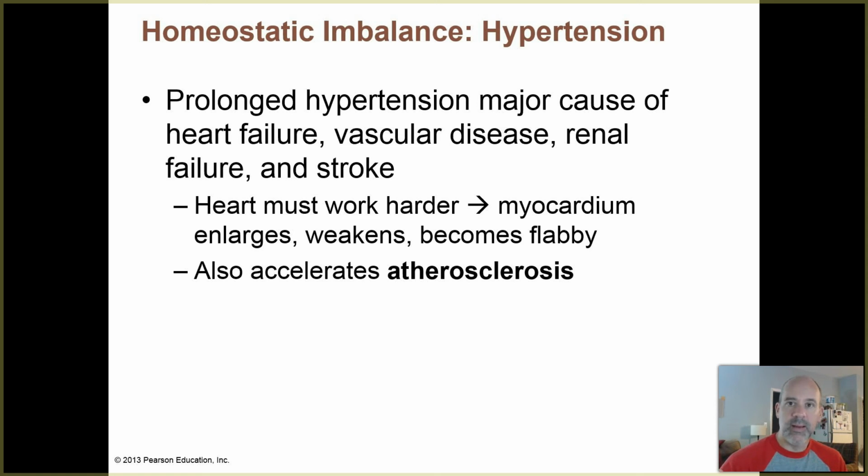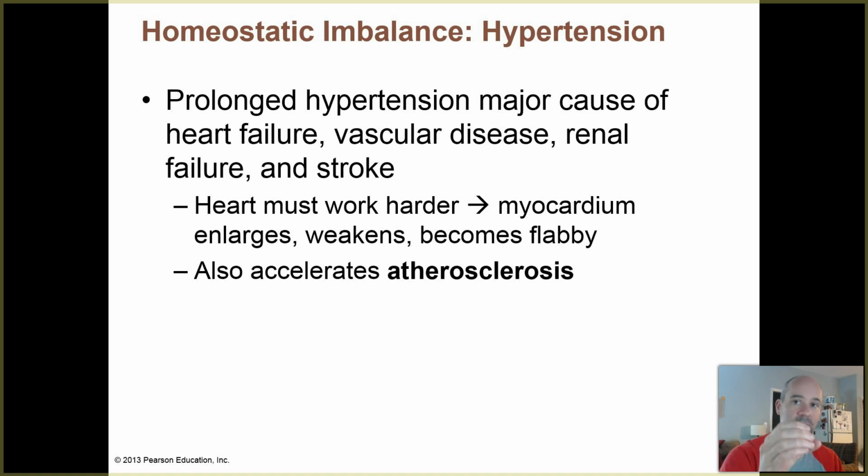remember one of the things that influences your stroke volume is afterload. So afterload was the pressure in the aorta that the left ventricle is having to compete with to open up the aortic semilunar valve so that blood can be ejected up into the aorta.